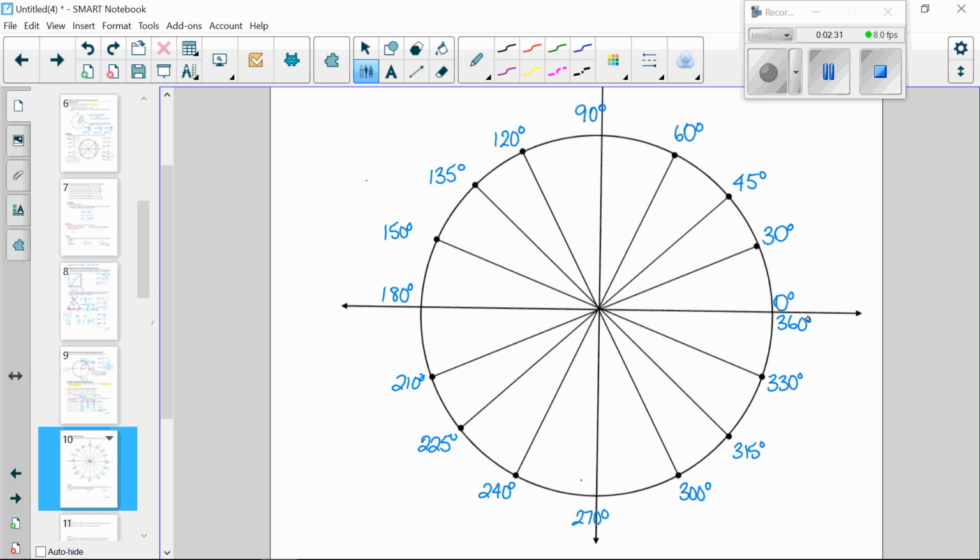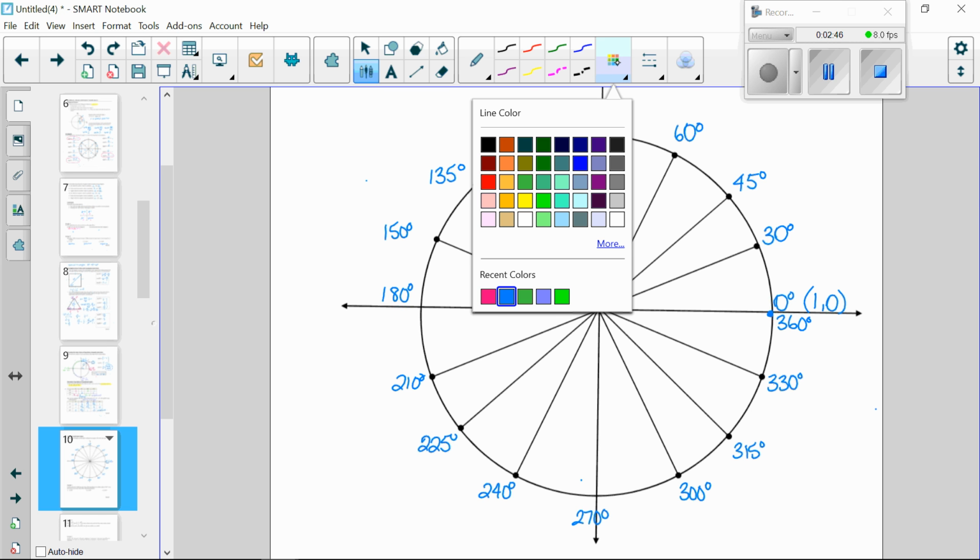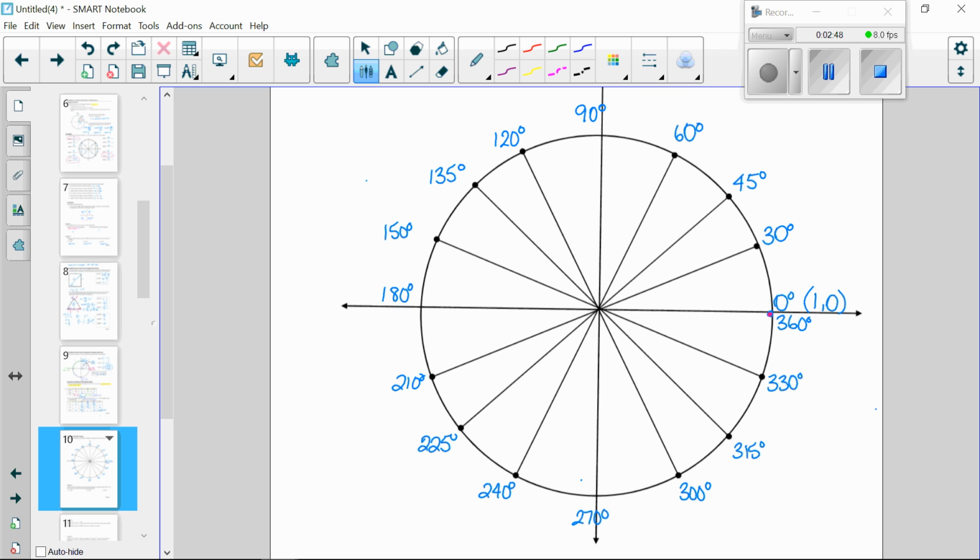Now remember that we've got a radius that has a unit of 1. So let's fill in the coordinates. So the coordinate over here is going to be 1 and 0. Actually, I think I'll do it in pink. So the coordinate is at 1, 0.